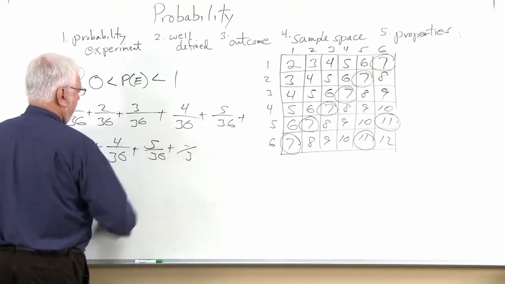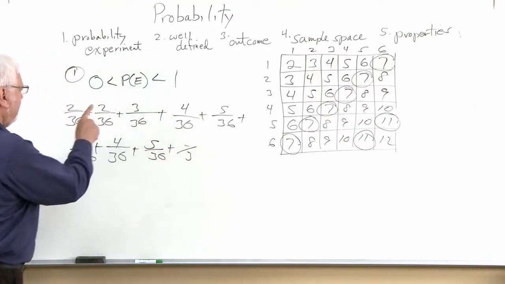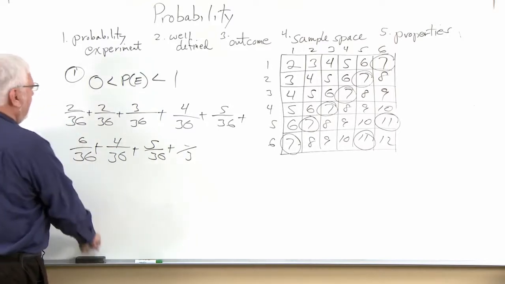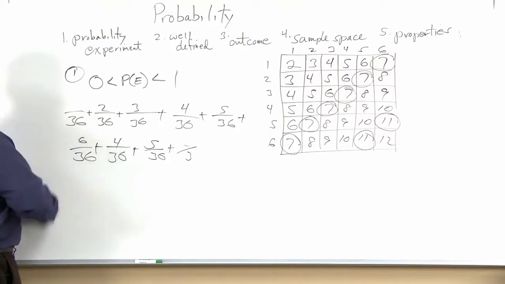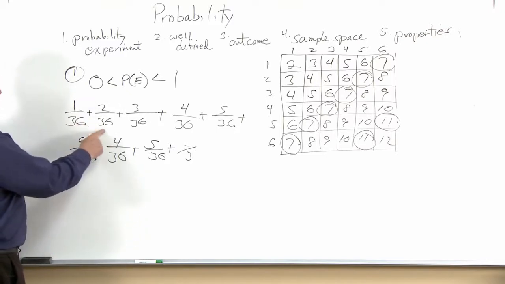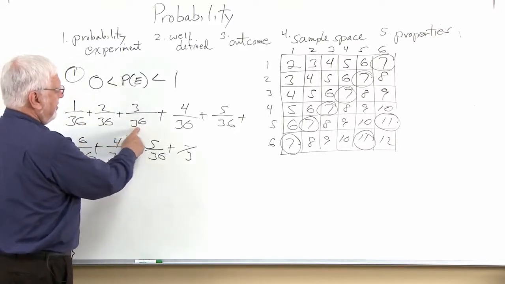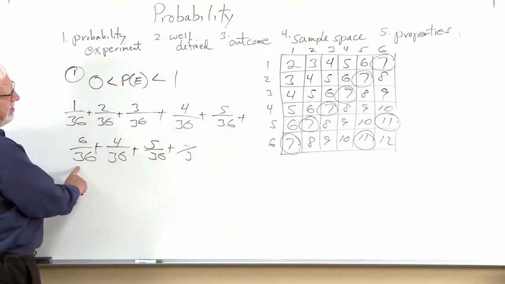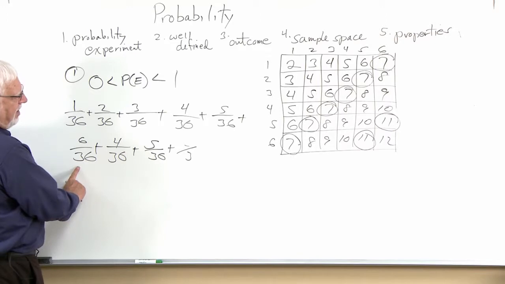Okay, let me get this down. I fouled up when I started. 1 out of 36, 2 out of 36, 3 out of 36, 4 out of 36, 5, 6 out of 36, because the 7 is the one mostly that will occur.